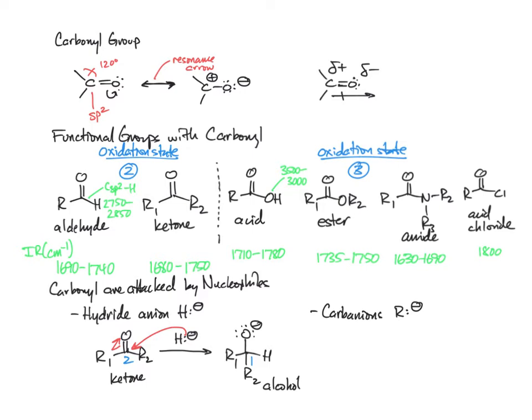So if we're looking at the same scenario, we'll call this R3. The lone pair will attack the sp2 hybridized carbon. We break the pi bond. Those electrons go onto the oxygen.